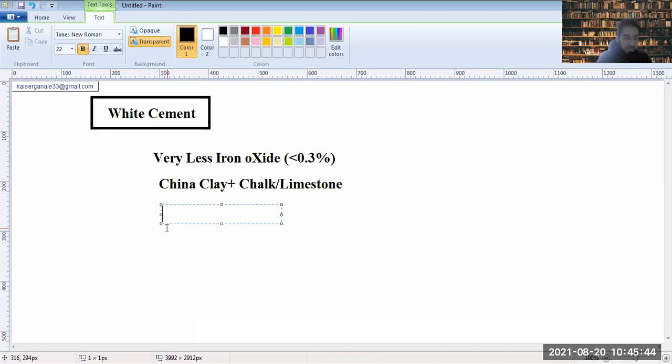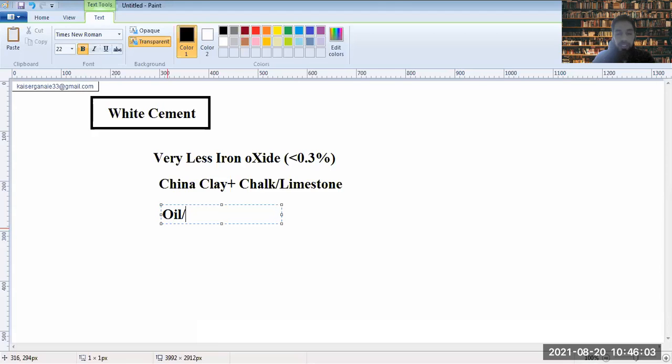So from the china bone and the china clay, from which you are actually obtaining the ceramics, the teacups, and the others which are white in color. So that's china clay.